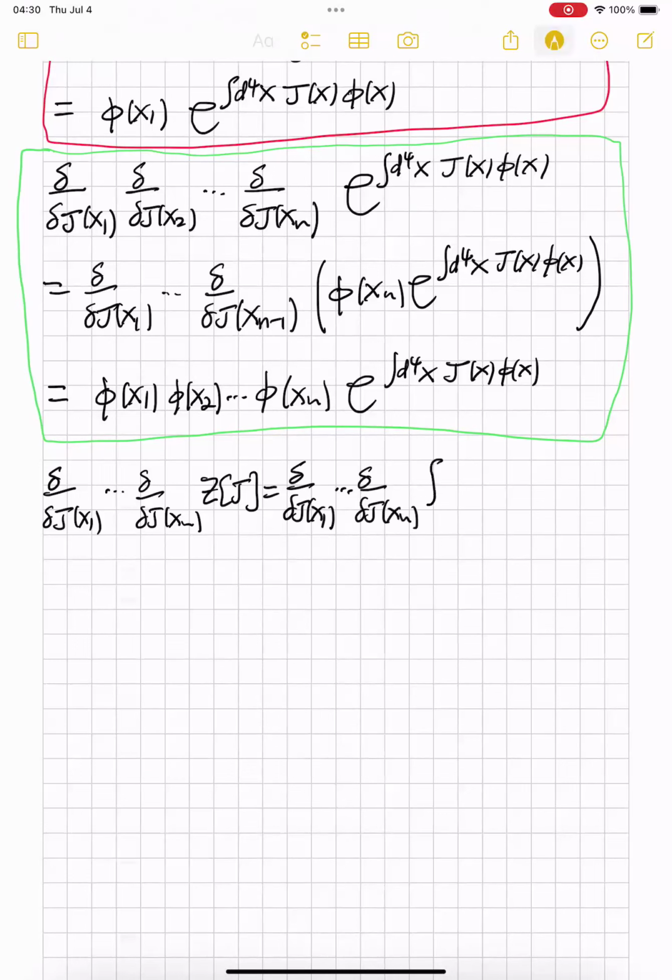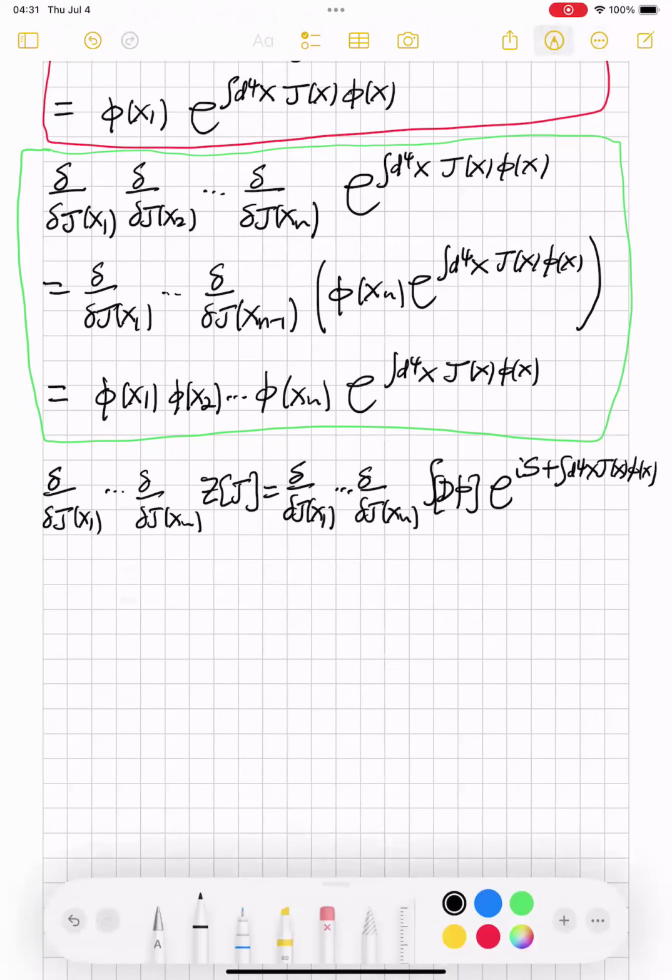So we'll have an integral d phi, so that's the normal path integral measure. Then we've got e to the is plus an integral d4x j of x phi of x. Now, these functional derivatives, they are all derivatives with respect to j. So it's j that we're differentiating with respect to.